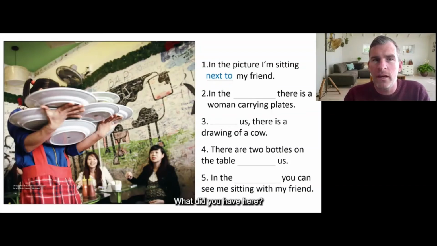What did you have here? Did you say foreground? Well done if you did. Number three, us, there is a drawing of a cow. What did you say here? Did you say in the background us? Or did you say behind us? The answer is behind us.